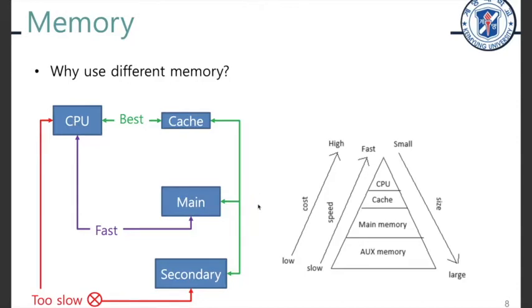Why can't we put all instructions of KakaoTalk into the cache or the main memory? Because these are limited resources, and if you want to put the whole program in this storage, it will be too expensive, which is shown in this diagram.